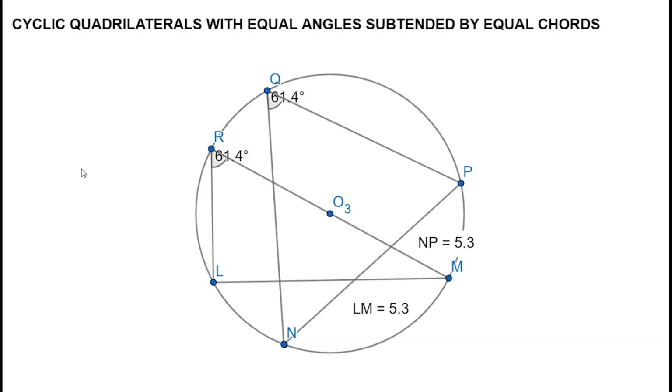It also gives 61,4 degrees. It means this theorem again is 100% correct. If your chords are equal, then their angles are also equal. Please guys, make sure that you understand these theorems because we will use them as we proceed.